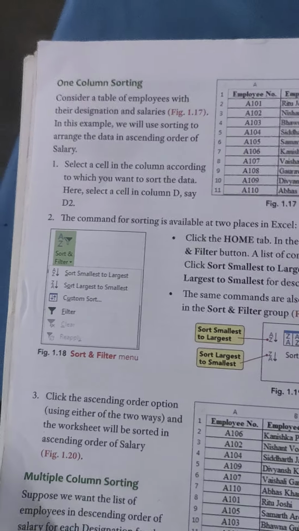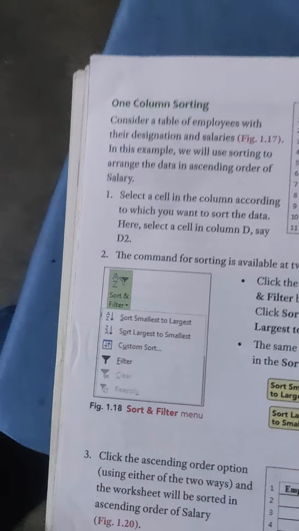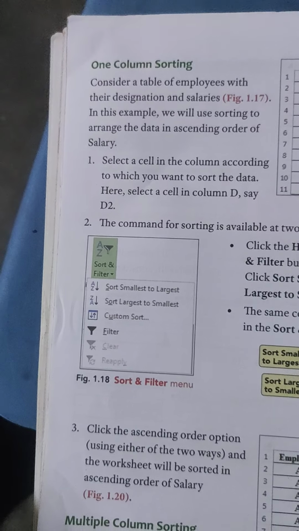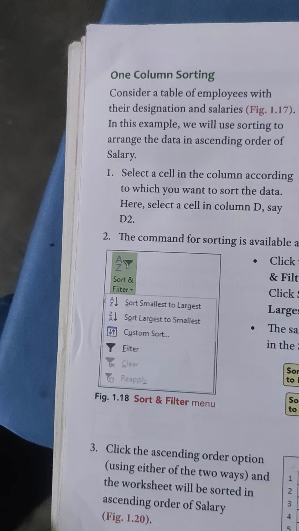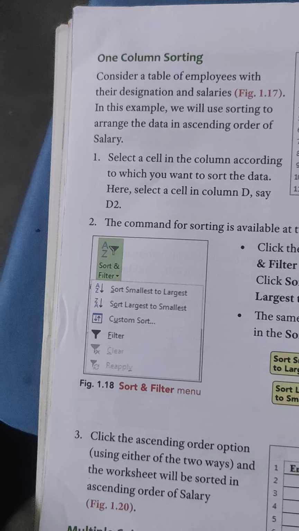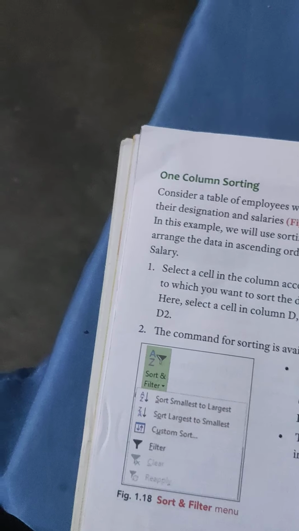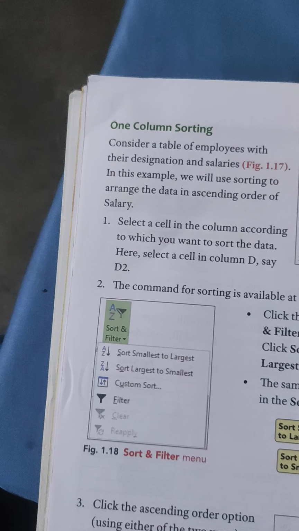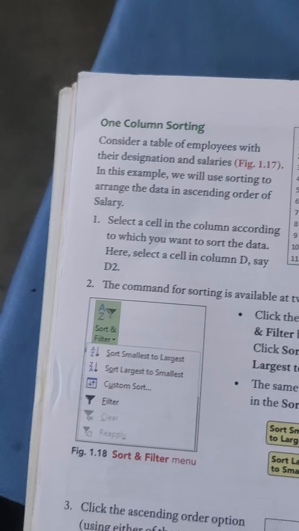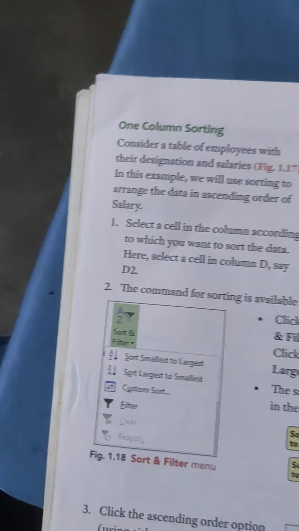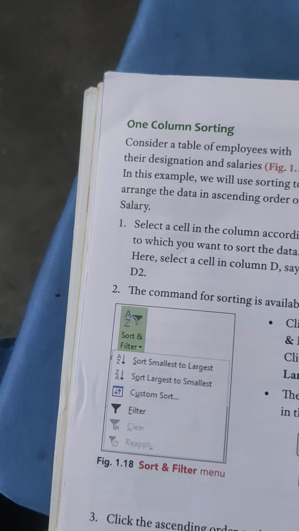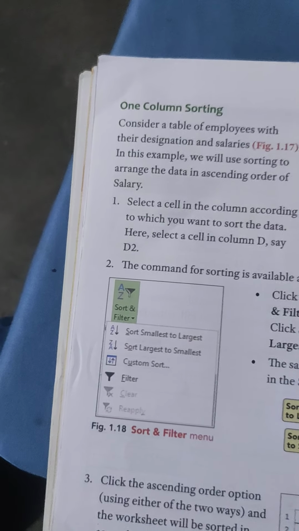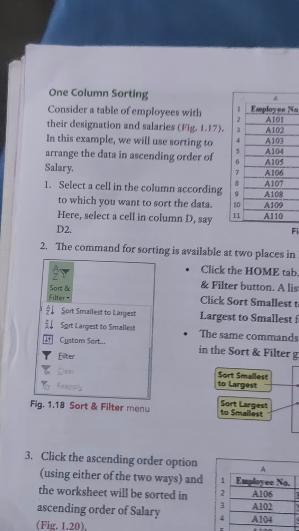For example, instead of arranging them in ascending or descending order, you could specify that the numbers starting with 3 would appear first. If there are numbers, say 100, 200, 300 and 3, and you use custom sort, and you give the condition that those numbers having their first digit as 3 would come first.